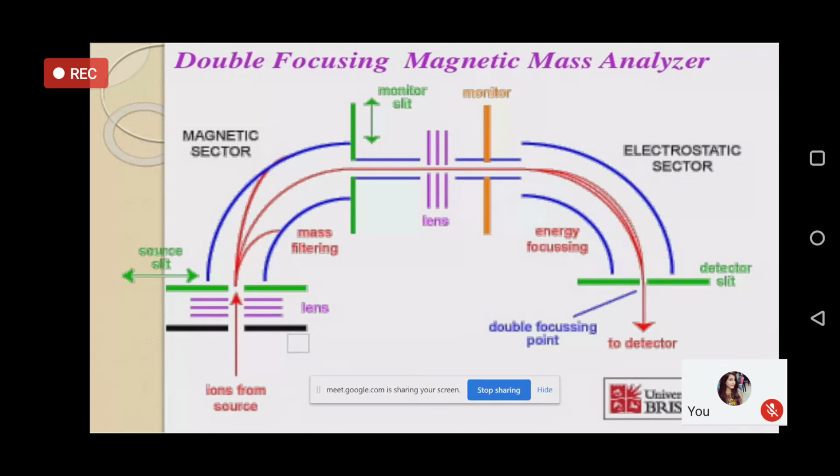So the rest of the procedure is exactly identical to what you do in case of a single focusing mass analyzer. It is called double focusing because the first focusing is with respect to velocities and the second focusing is with respect to the mass.